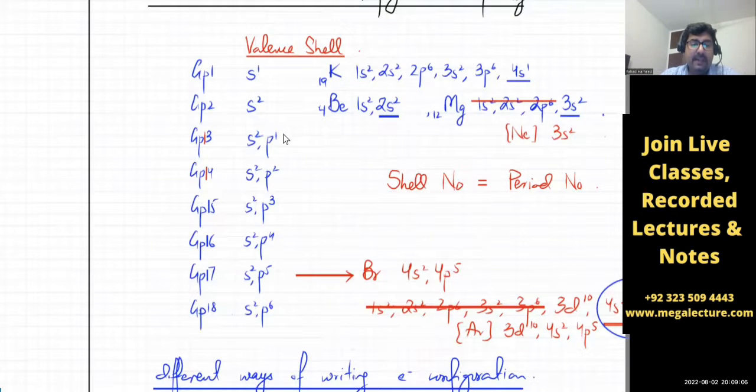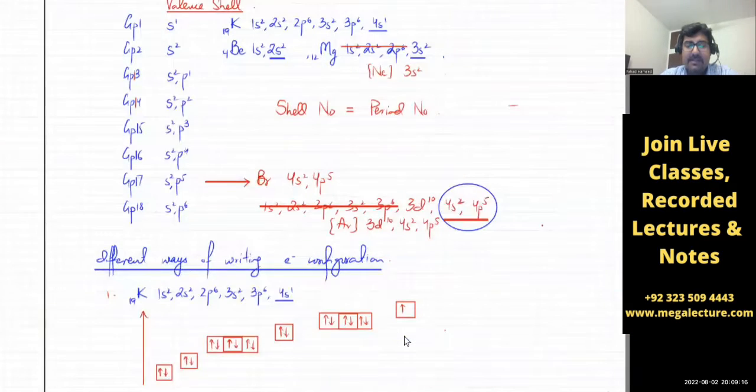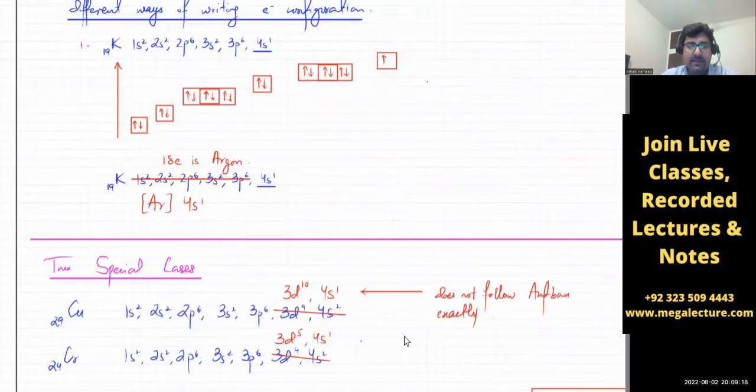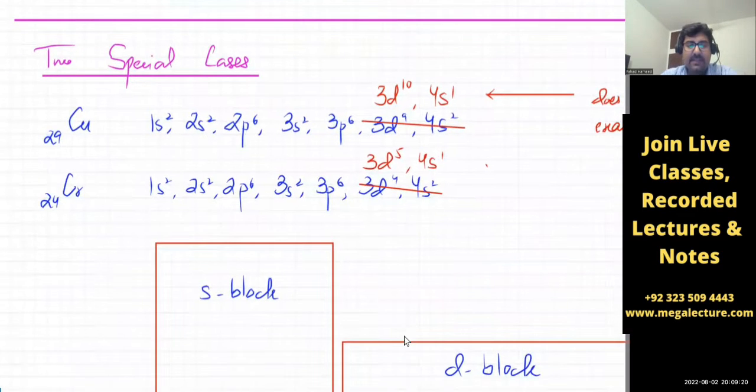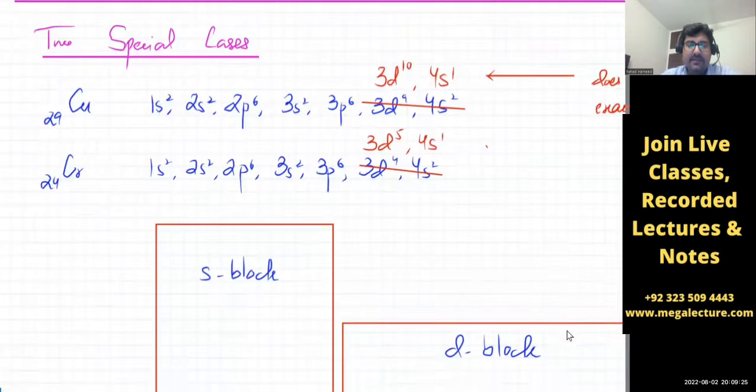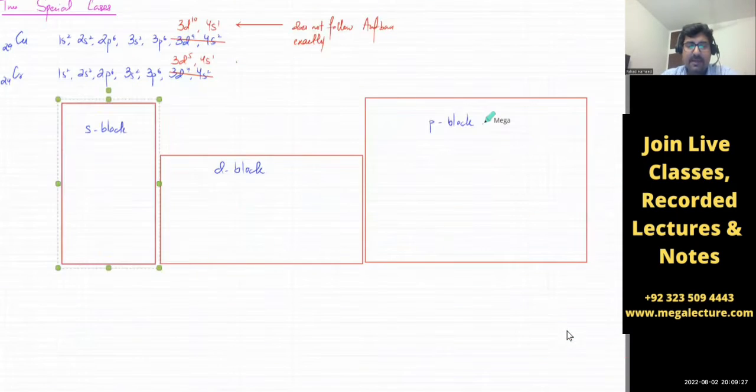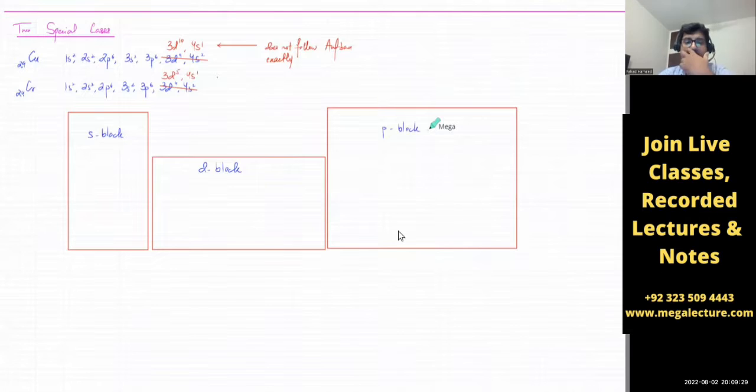So groups 13 to 18 are called p block elements; their last electron goes into a p. The first two groups are your s block elements. And in a transition metal, the last electron always goes into a d. So that's what the transition metal block is. Is that clear? Yes, sir.